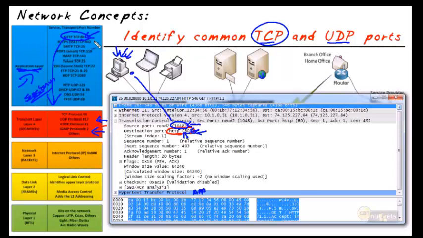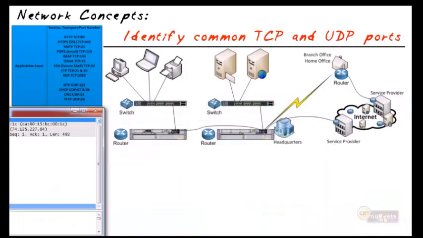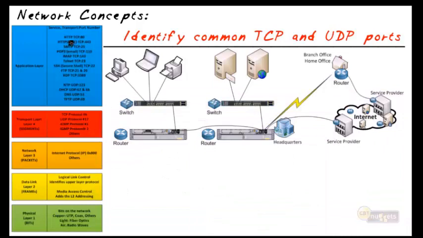So HTTP uses the TCP port number 80 for tracking for the destination. Okay, so what other protocols do we have that we might want to be aware of? Well, how about HTTPS? What's the difference between HTTP and HTTPS? Well, you might say, well, Keith, there's an S there. Yes, there is. But why do we use it?